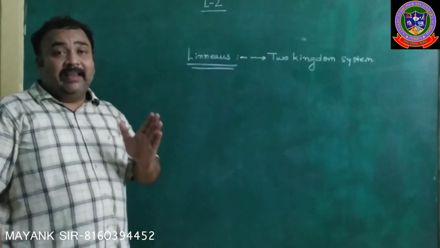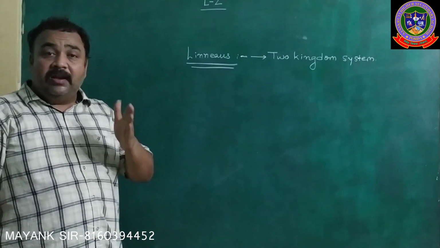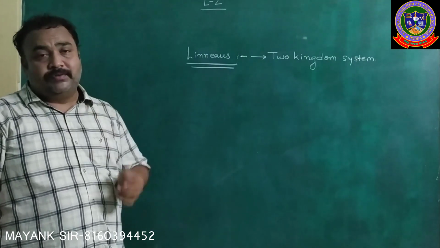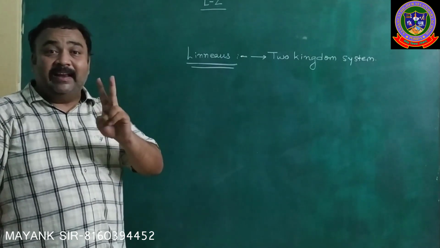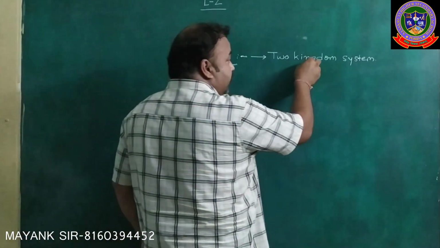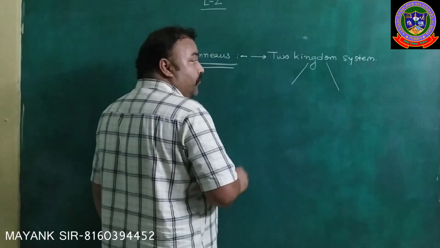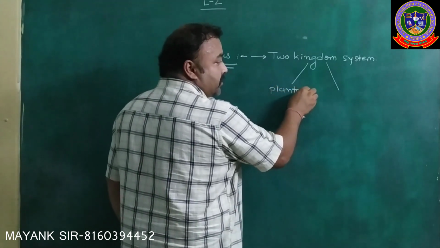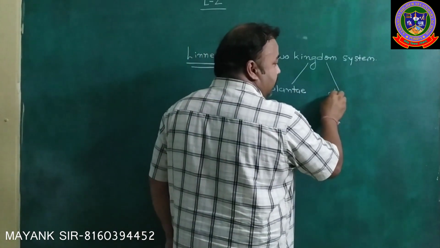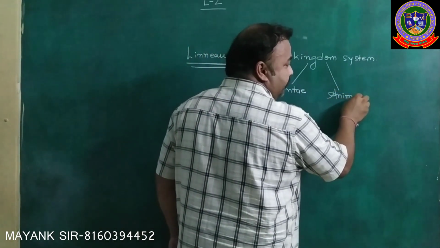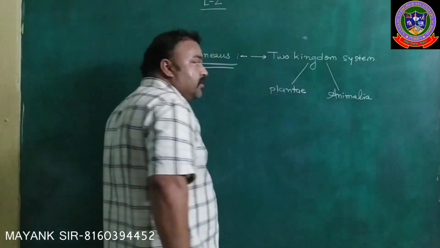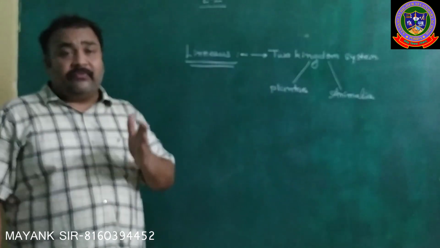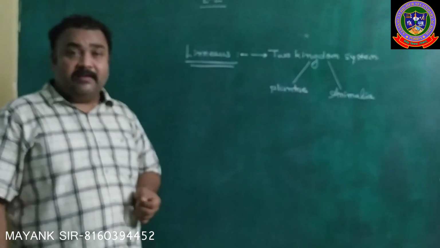That means he classified all the living organisms in just two big groups, two big kingdoms. The name of one kingdom was Plantae, and another is called Animalia. So only two kingdoms were there in the initial system of classification proposed by Linnaeus.